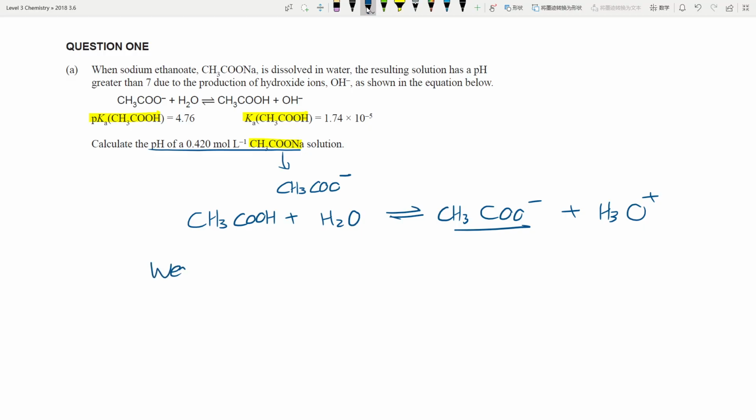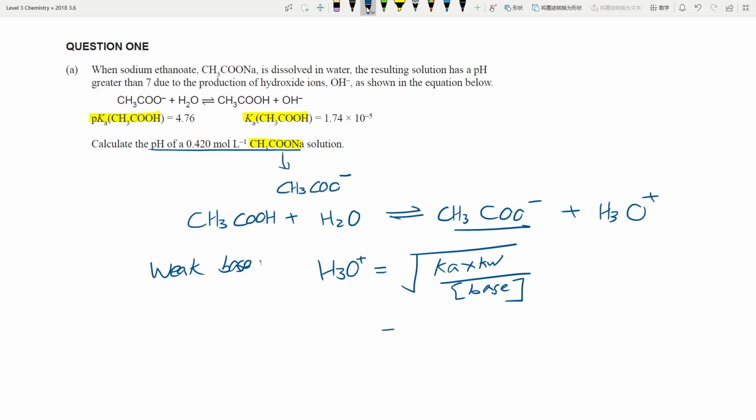This is a weak base pH calculation, and you just need to remember the formula: H3O plus equals the square root of Ka times Kw divided by the concentration of the base. Just substitute numbers in.